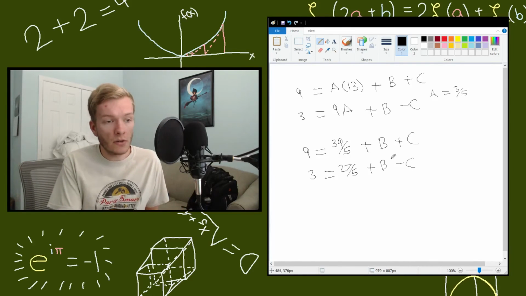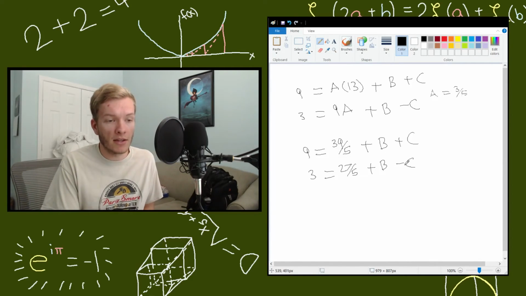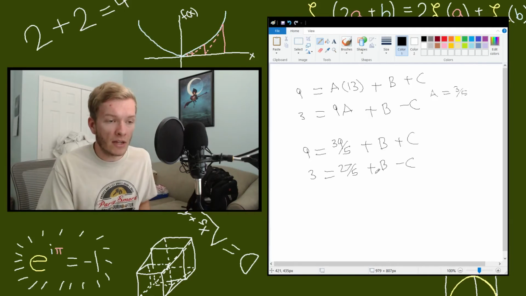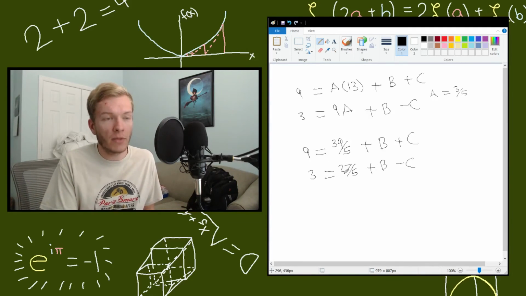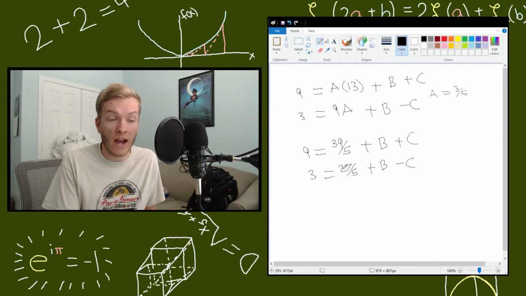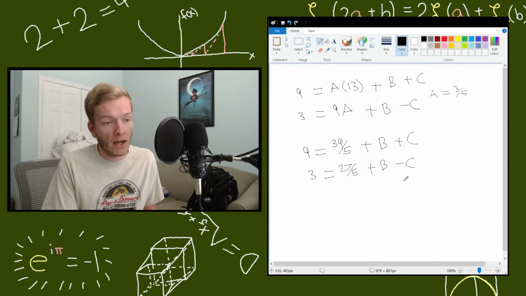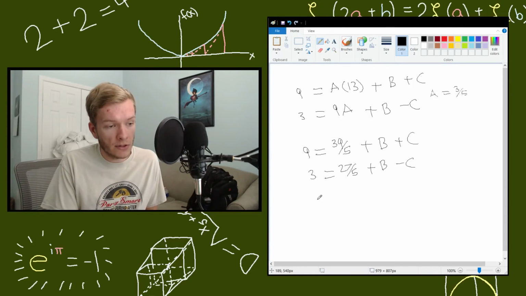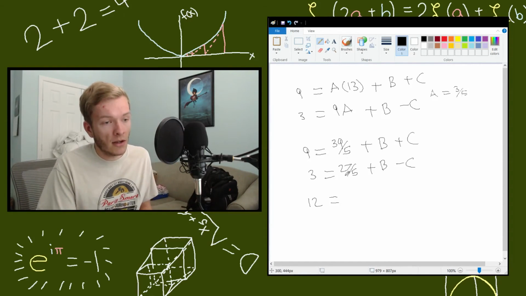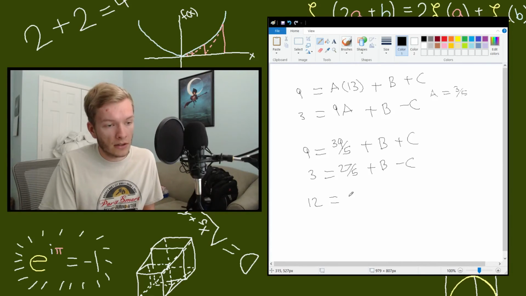So what we can do is, since c is negative here and positive here, we can add these 2 equations together, and we should cancel them out. I'm just going to leave them like this for a second, since these 2 are already fractions. That'll make my math a little bit easier. So I'm going to add these 2 together, and what we should have is a 12 over here is equal to, what is that? 16 plus 50, so that should be 66, I believe.